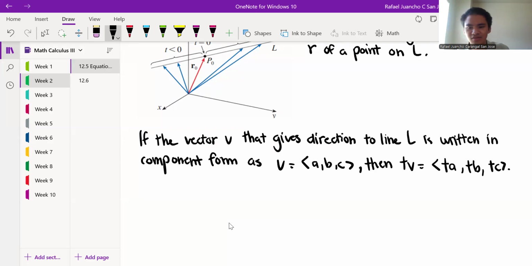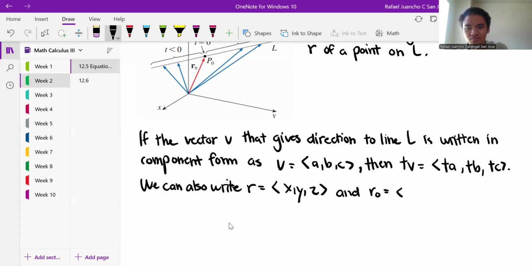So that's tv. We can also write r as x, y, z. Could be any, honestly. And r naught as x naught, y naught, z naught.